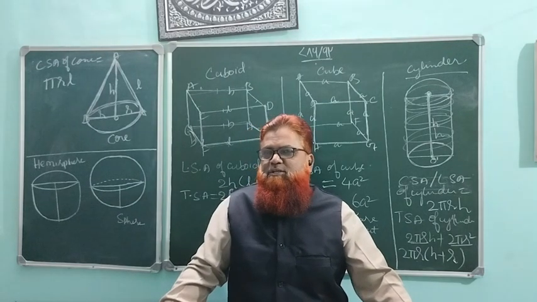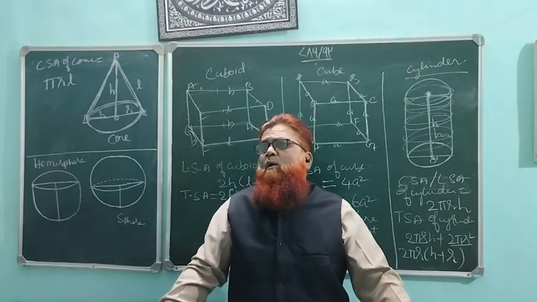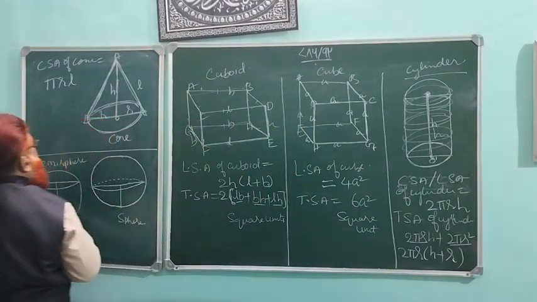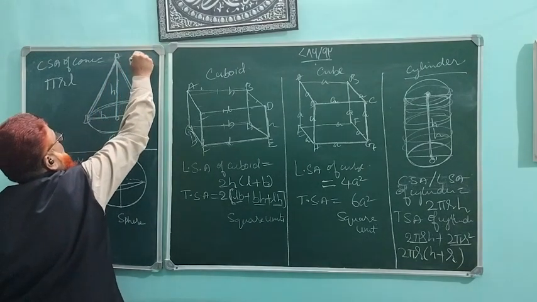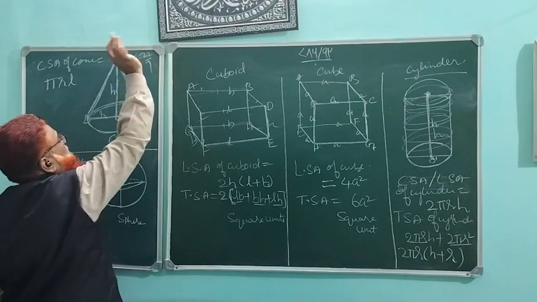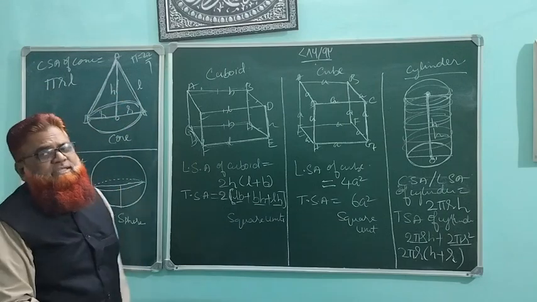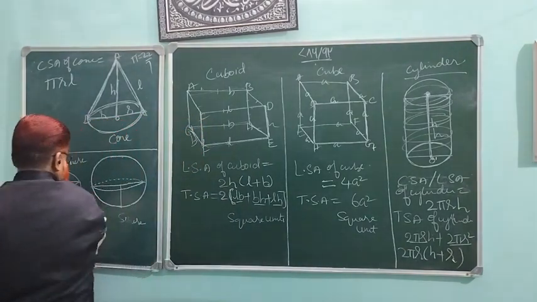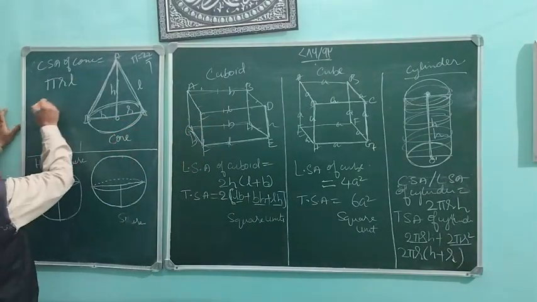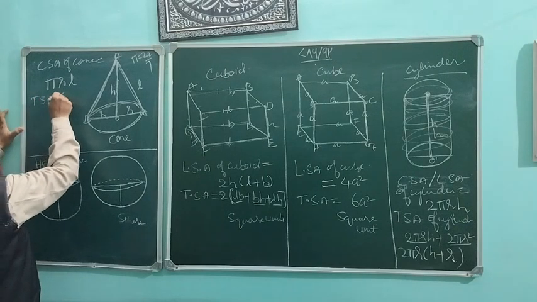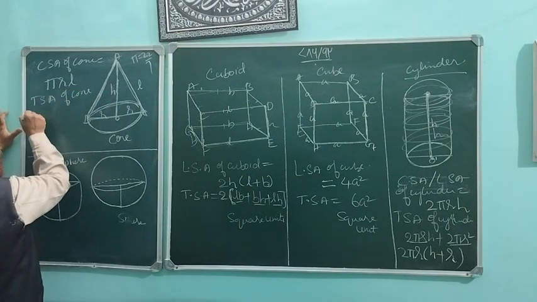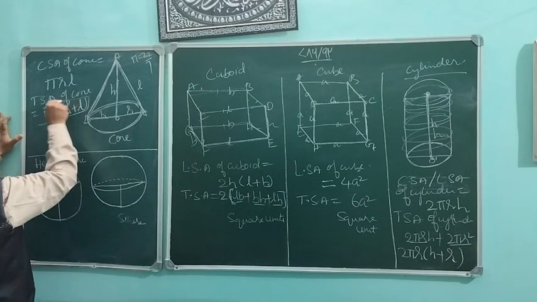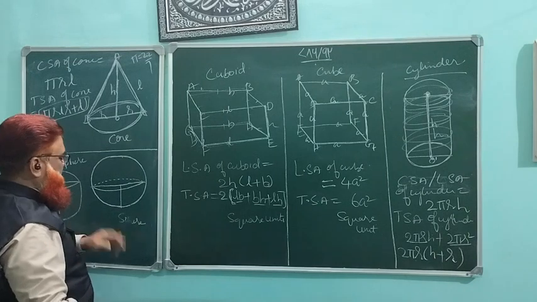When we take the ratio of circumference to diameter, we get the value of pi. So pi is a mathematical constant with a value approximately equal to 22 by 7, which is rational in nature, right? The curved surface area of the cone is pi r L and the total surface area of a cone is equal to pi r into r plus L. Pi r into r plus L.